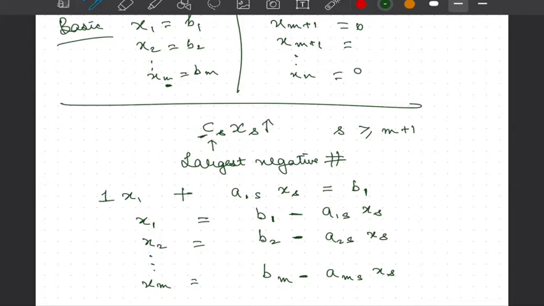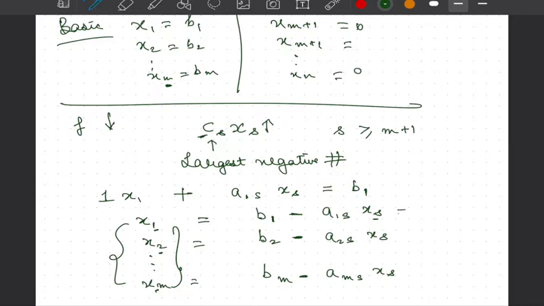Now, if we have a negative coefficient c_s in front of x_s in the objective function, and we increase the value of x_s from 0 to some positive number, our value of f is going to decrease. That is very clear to us. Then we see how much we can increase x_s such that x1 stays non-negative, because we have to always stick to a basic feasible solution.